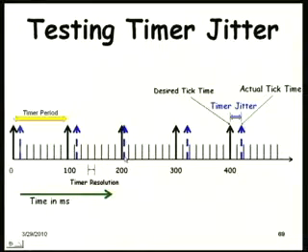Here it is almost nearly 200, here it is 320 or so, and so on. So, the timer jitter is the maximum variation. Here the variation is less for each of them, here the variation is maximum, and that we are calling the timer jitter.